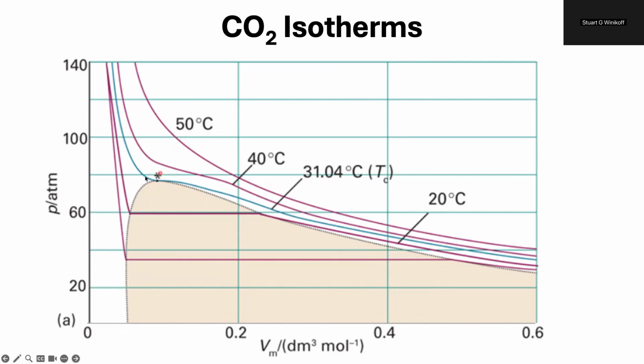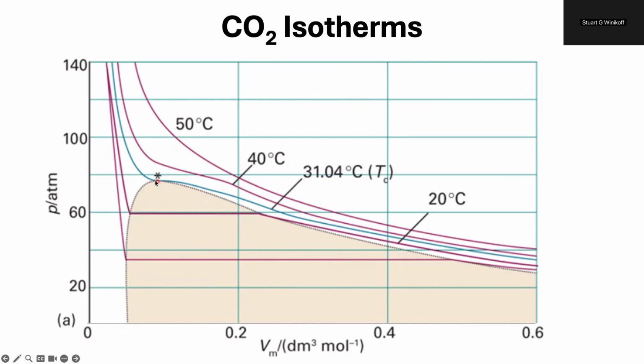Now, the reason why this critical point is very interesting is because it's sitting there overlapping three key phases. So in this beige region, this is the region where we indicate that CO2 now will form a liquid. Congratulations, you can't use an ideal gas law to describe a system that's an actual liquid.